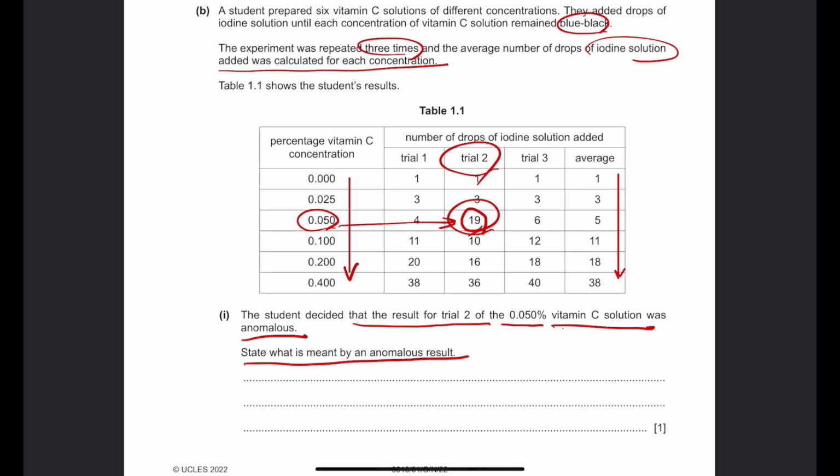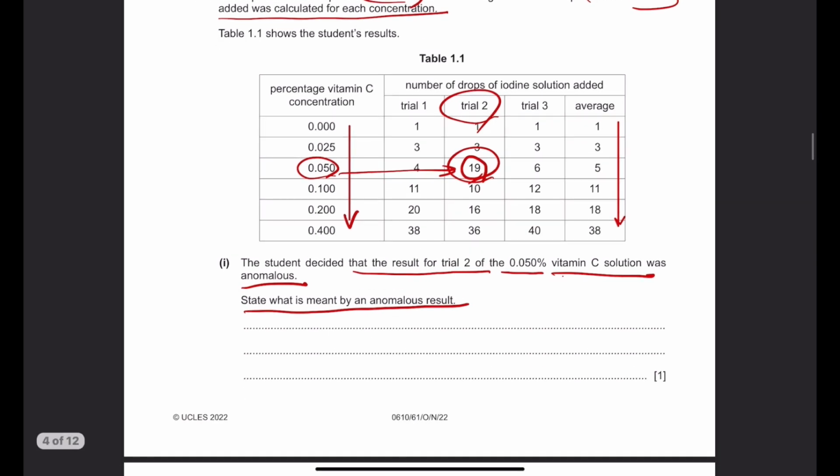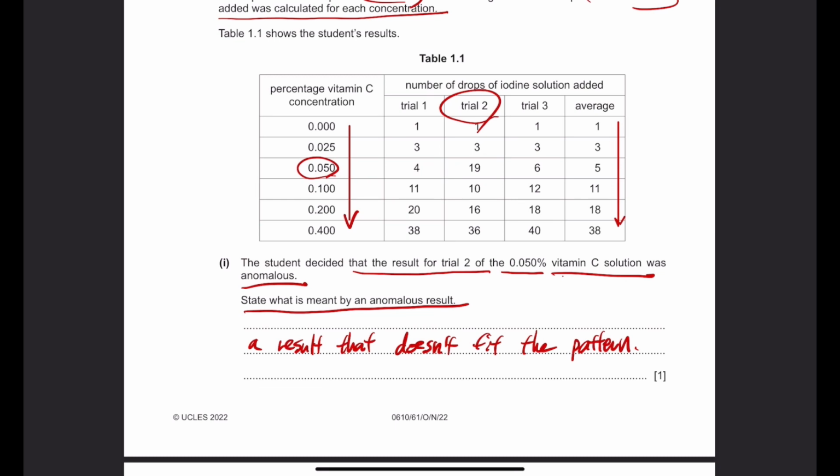State what is meant by an anomalous result. So an anomalous result, or anomaly, is a result that doesn't really fit the pattern or the trend. As you can see, this is actually much higher than 4 or 6.